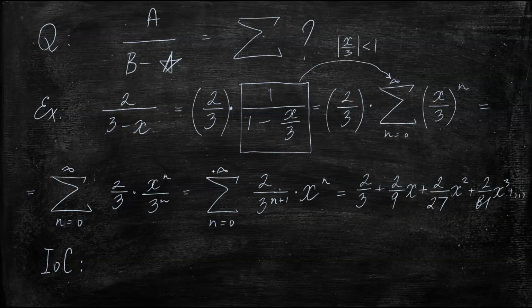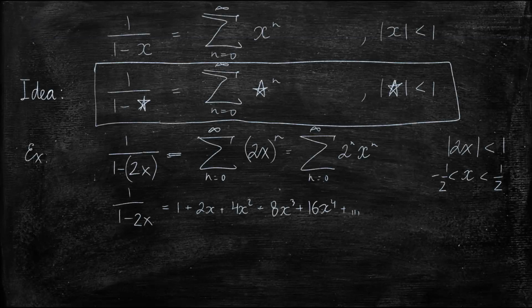So to find the interval of convergence, we have to solve this inequality, which has a very simple solution. So there you go. So we learn how to recognize not so simple pattern and take advantage of this identity right here. Let's do a couple more examples.